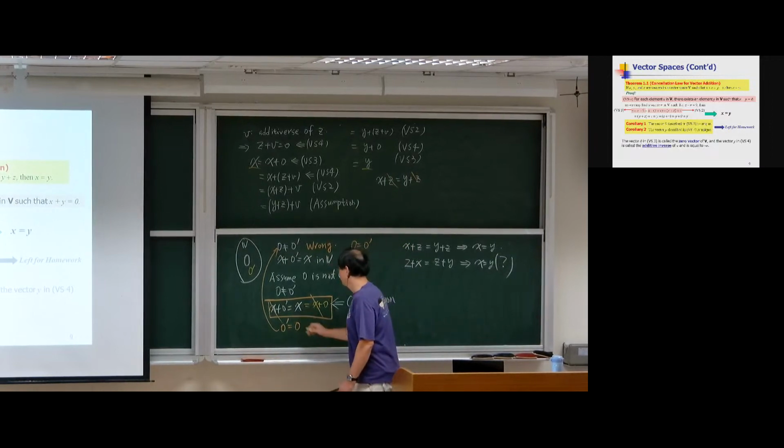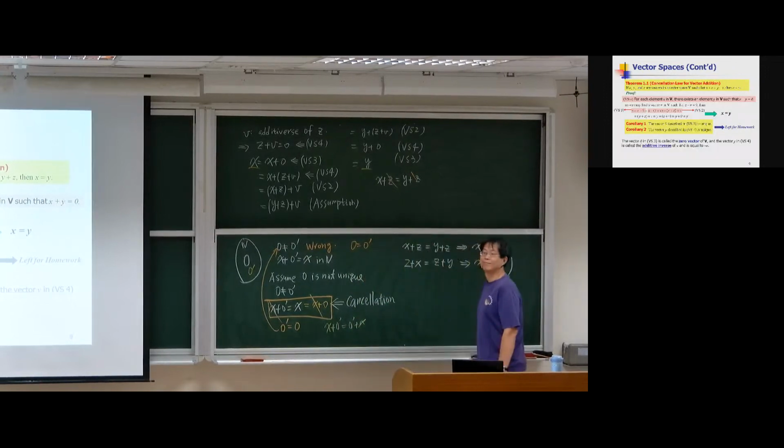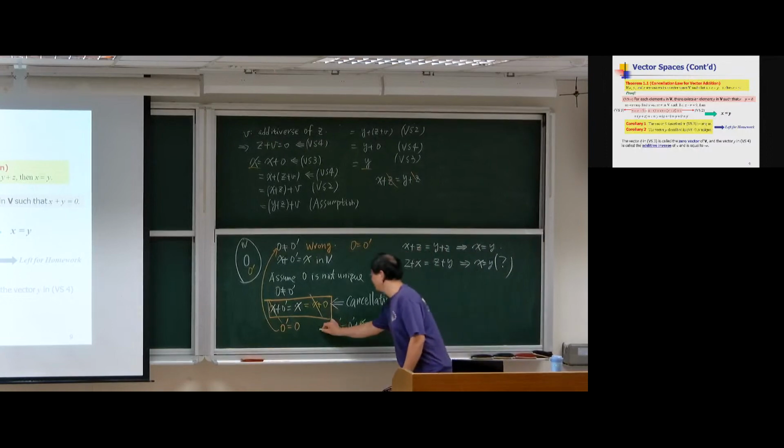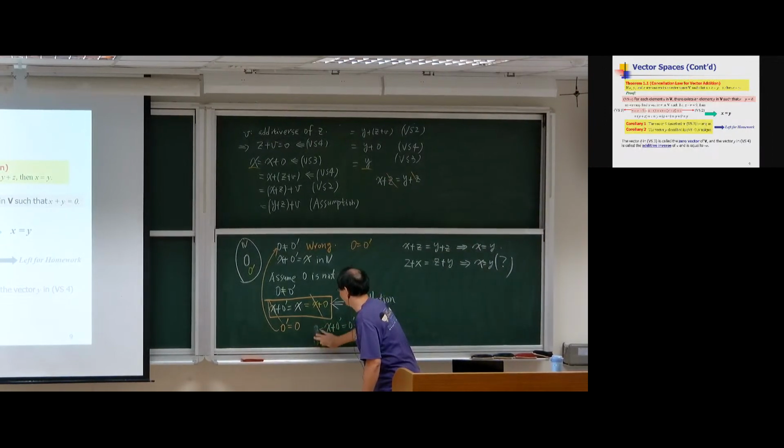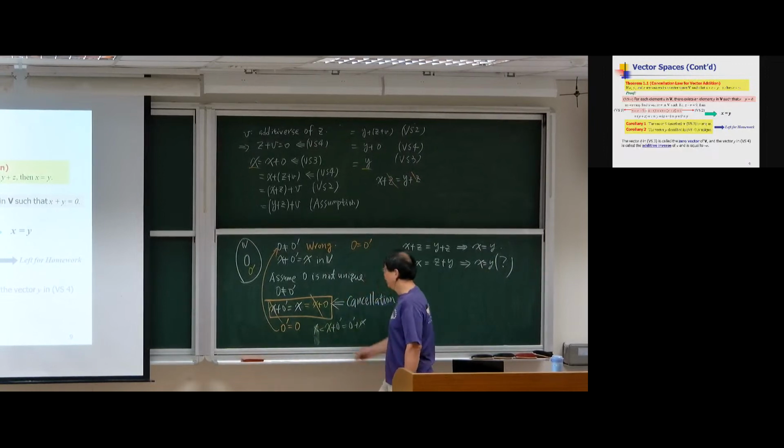VS1. So x plus 0 prime equals 0 prime plus x, which equals 0. Also, x. And also, x equals x plus 0, which equals 0 plus x.